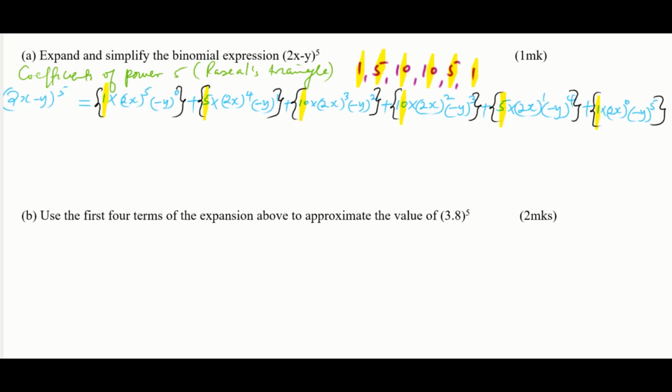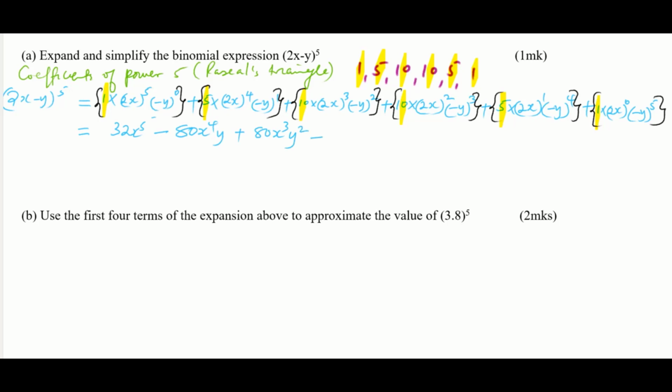So when you work out each one of these using a calculator, you shall get 32x raised to power 5. The second one will give you negative 80x raised to power 4 y. Then the other term is 80x cubed y squared.